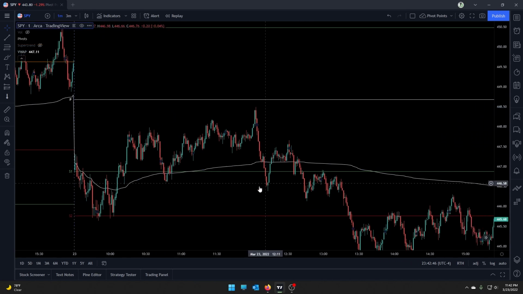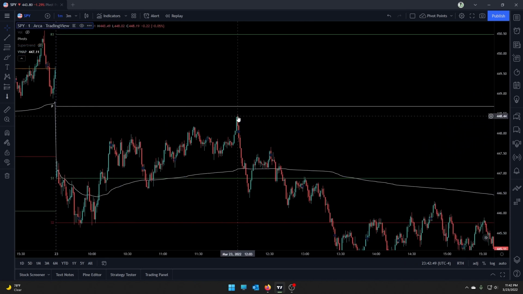If you were in calls here and it turned around like this, you probably couldn't have gotten out unless you market ordered, which would have cost you money also. On this downfall, you wouldn't have gotten out anywhere near here up top.